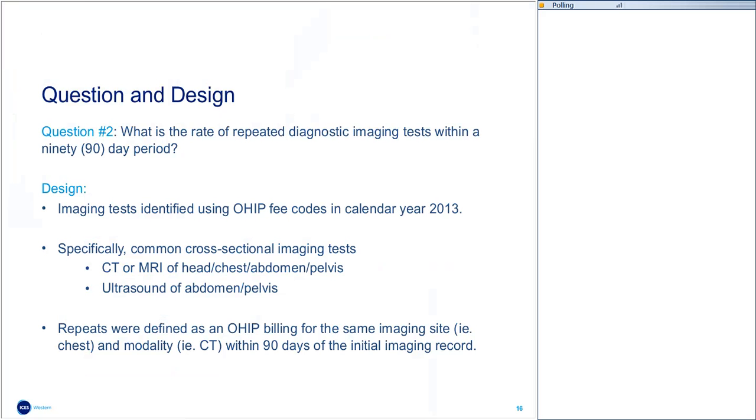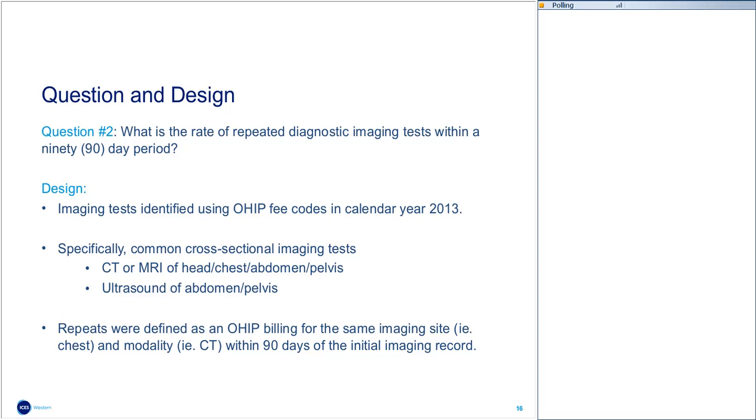here at ICES, we have access to a wide range of data sources. So we leverage these databases to pull a huge number of images within the calendar year of 2013. So we used OHIP fee codes billed by radiologists to identify specific common cross-sectional imaging tests. So specifically, we looked at CT or MRI of the head, chest, abdomen, or pelvis, or an ultrasound of the abdomen or pelvis.